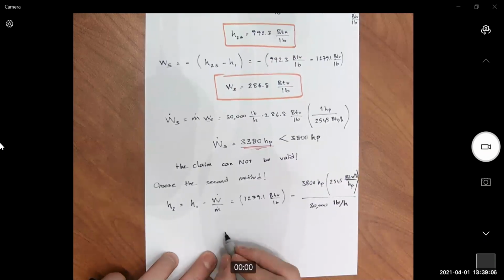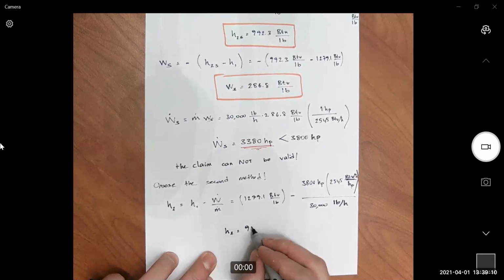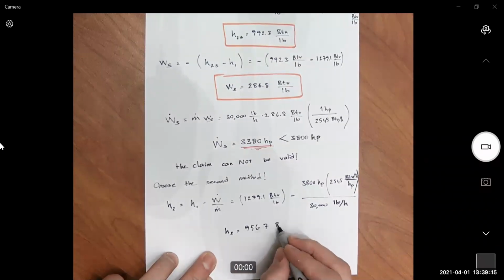So H2 at the exit, enthalpy at the exit, is 956.7 BTU per pound.